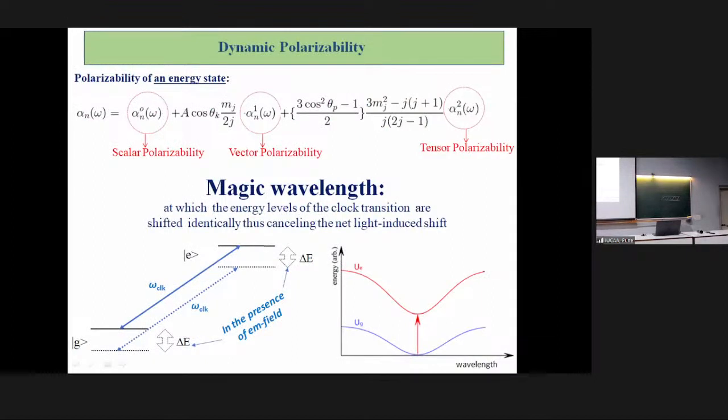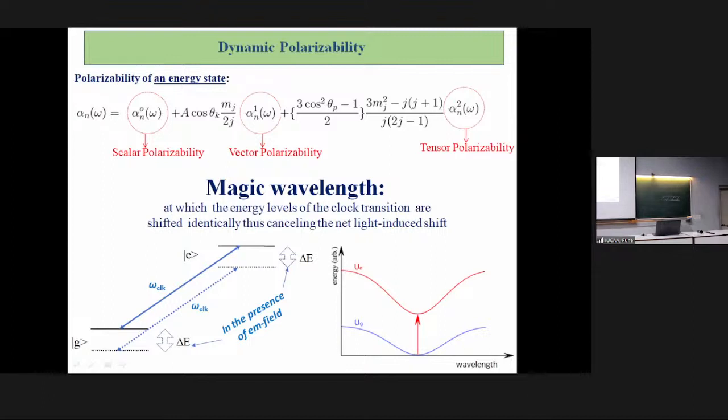Let's say these are two original states, ground state and excited state. Both of them have shifted in the same direction, by this delta E, at some particular frequency of the laser light and with the same amplitude. So the frequency difference between these two perturbed states is exactly the same as the unperturbed frequency, right?